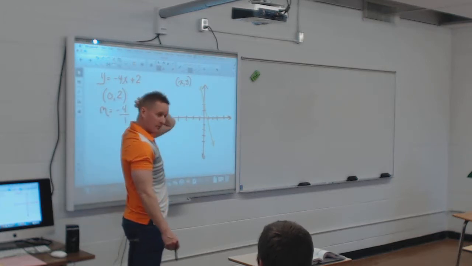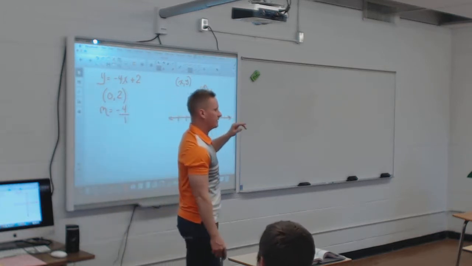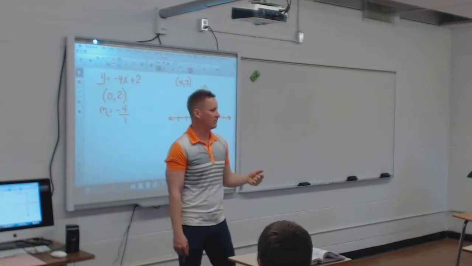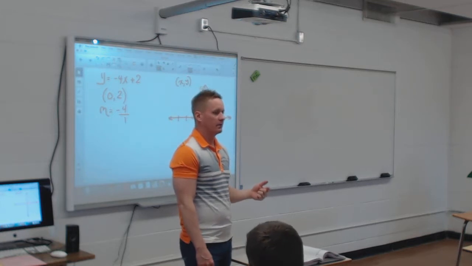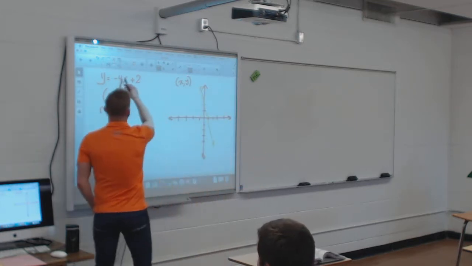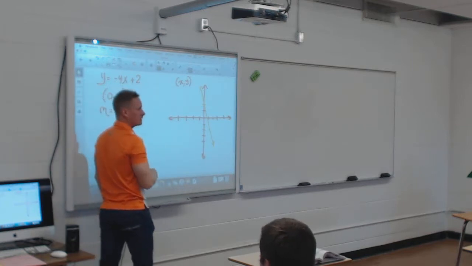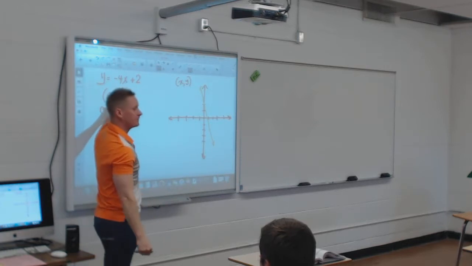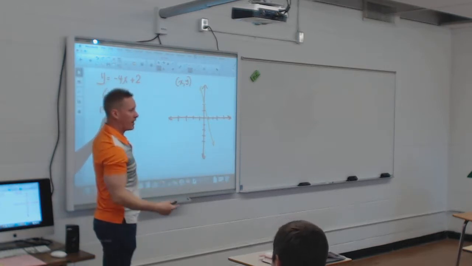I changed my x value to 0. So I put 0 in for x. What's 0 times negative 4? 0 plus 2? 2. So that's how I got that. Put 0 in for x, solve for y.